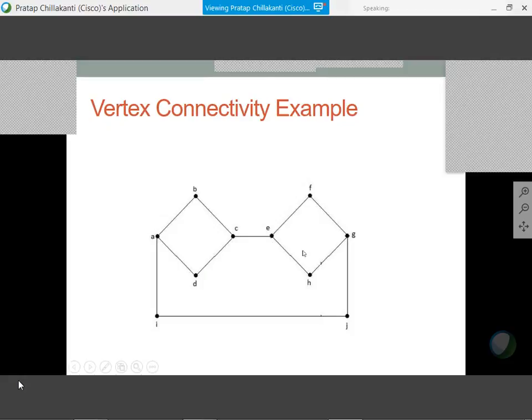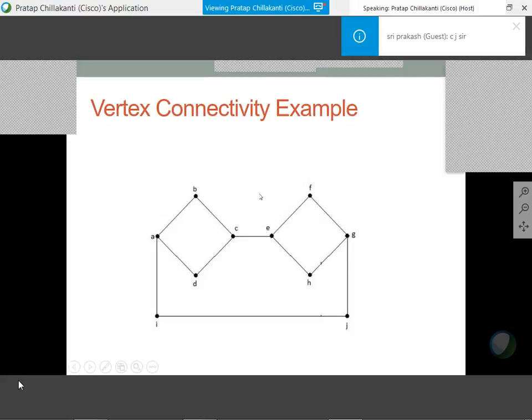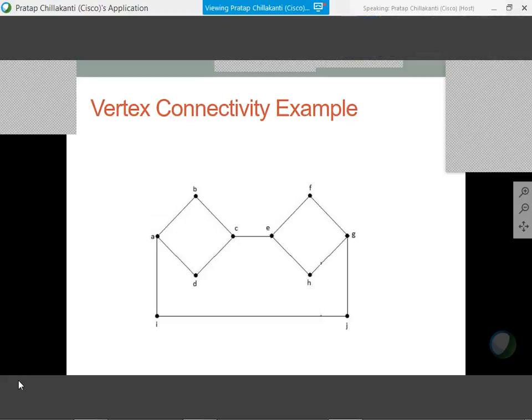I have to check some concept. If somebody wants to say CJ, there you go. Okay, so C and J. Correct. If you remove C and if you remove J, then the graph is disconnected.